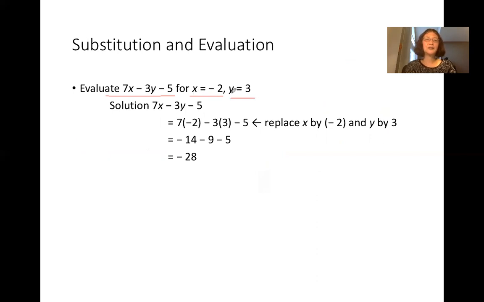So when you substitute this, instead of x, you use negative 2, plug in x here. And instead of y, you plug in 3, substitute here. You get this expression. Okay, and then you figure out the final result.